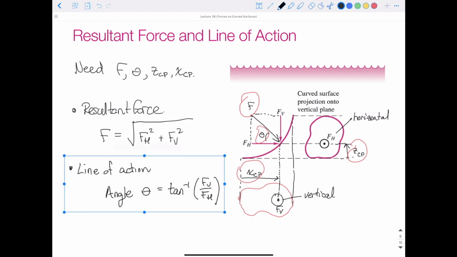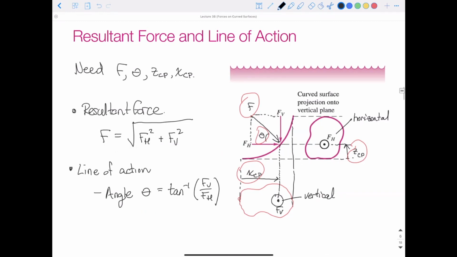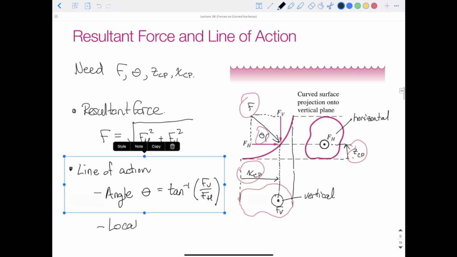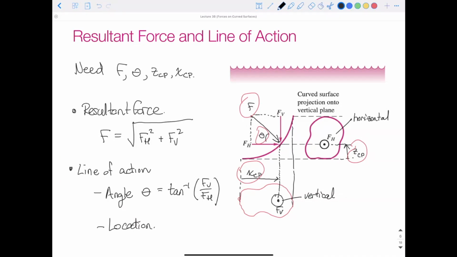And its location, so the point that the line of action passes through is going to be at XCP, X center of pressure, Z center of pressure.